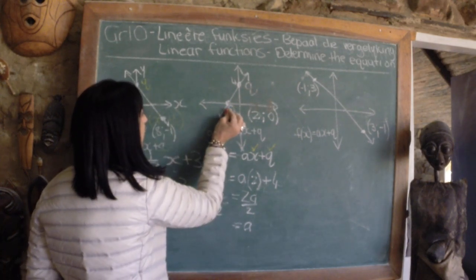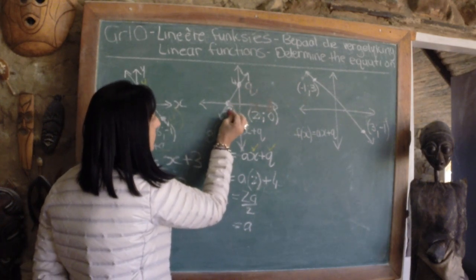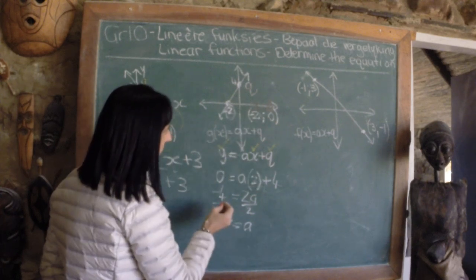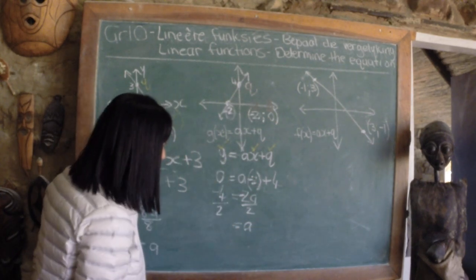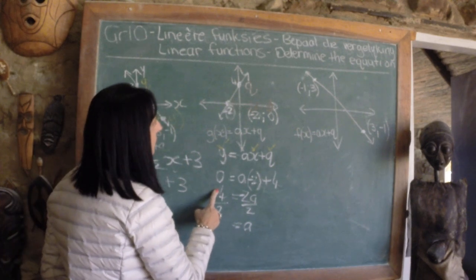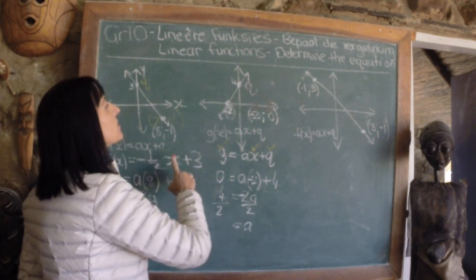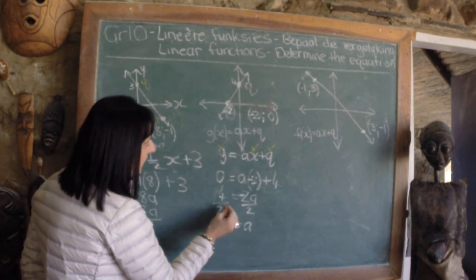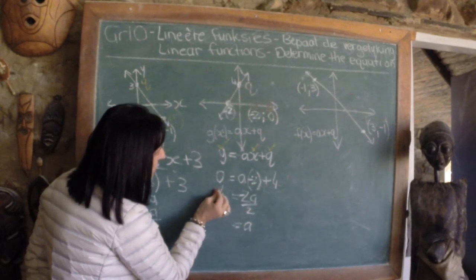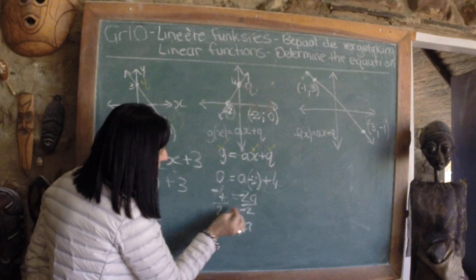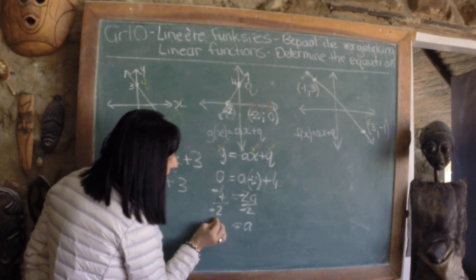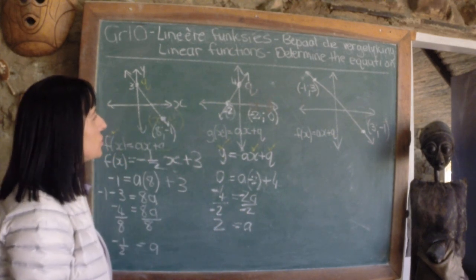this one must be minus 2, sorry, because it's on the negative side. Ons verander dit net na minus 2 toe, because that can't be a negative gradient, it's going upwards. So ek het minus 2, so ek deel met minus 2 aan albei kante, so a is gelyk aan 2.